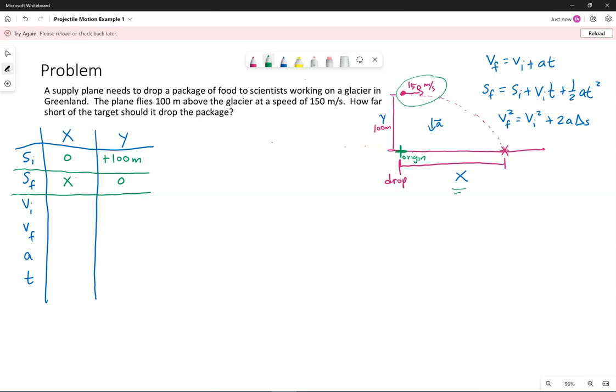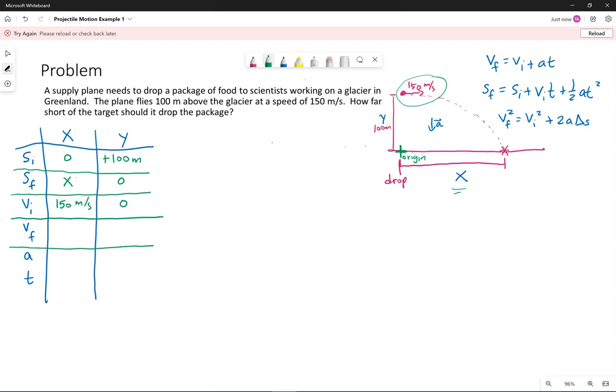Again, I'm assuming the plane is flying parallel to the ground simply because it doesn't tell us some other angle that it was flying at. So that means the initial velocity of this package is completely in the x direction. There will be no velocity in the y direction initially.